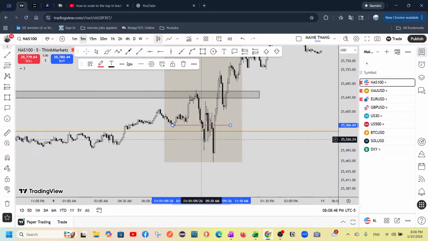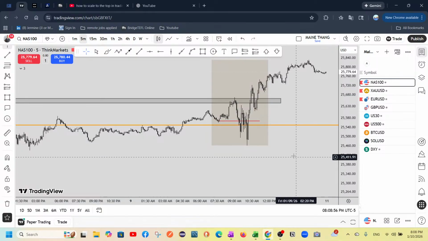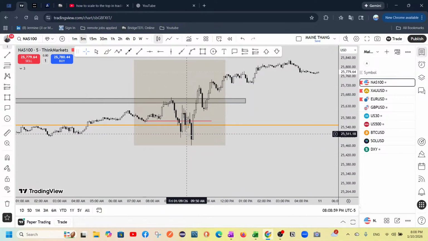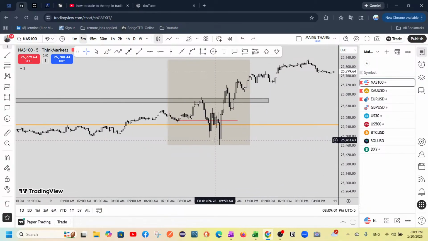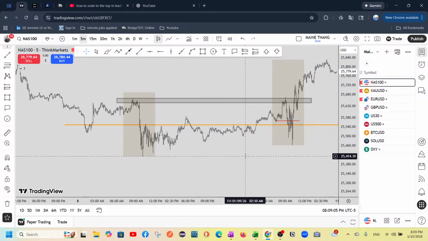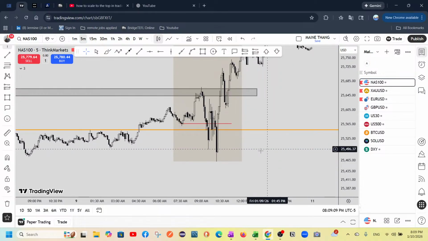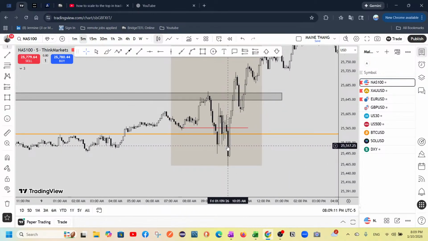Price broke structure downwards, created a lower low, and then it created a lower high, and then you could have entered here. But you have to remember, this is going in the opposite direction of the higher time frame. So although you could have got in and got a little bit of profit, it didn't break this low. It would have been a lower probability trade because the higher time frame is bullish.